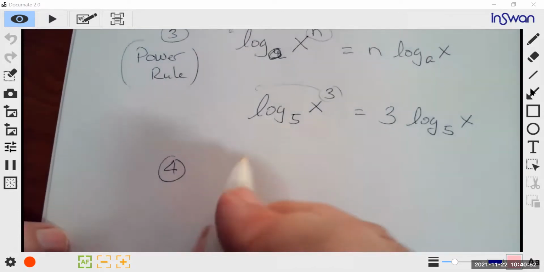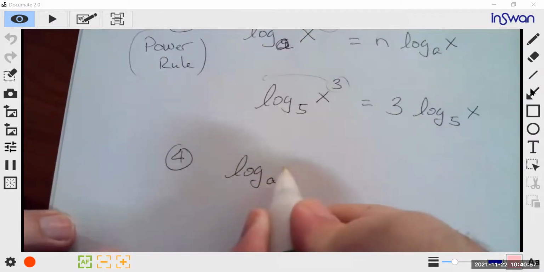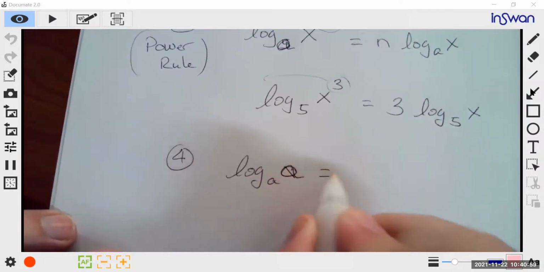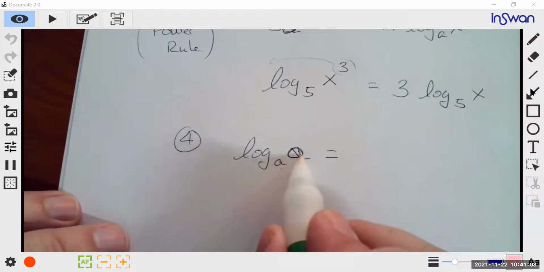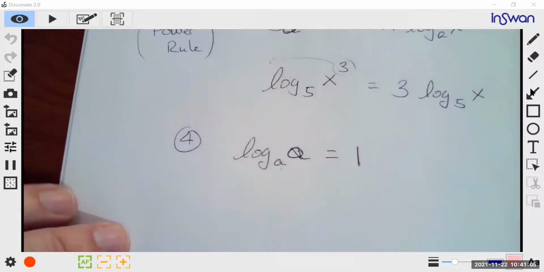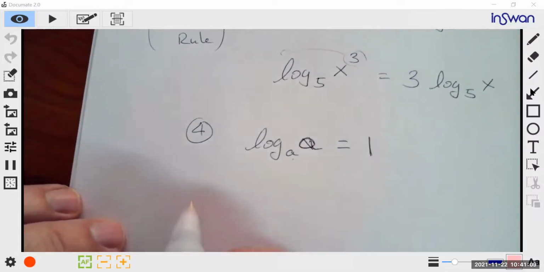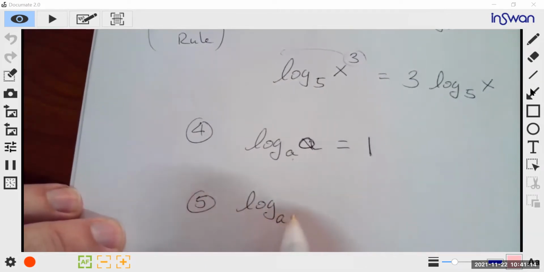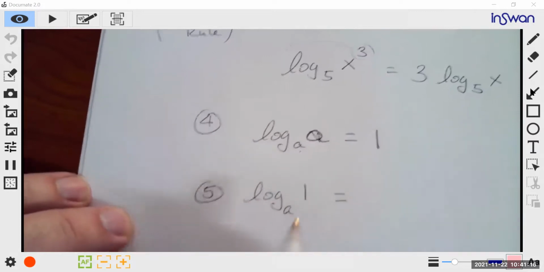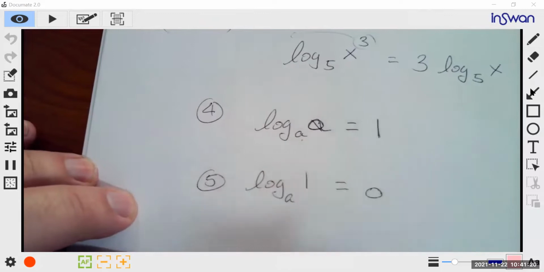Okay, 4. The identity. Log base a of a. If the base and the number are the same, it equals 1. Log base a of 1 equals 0.